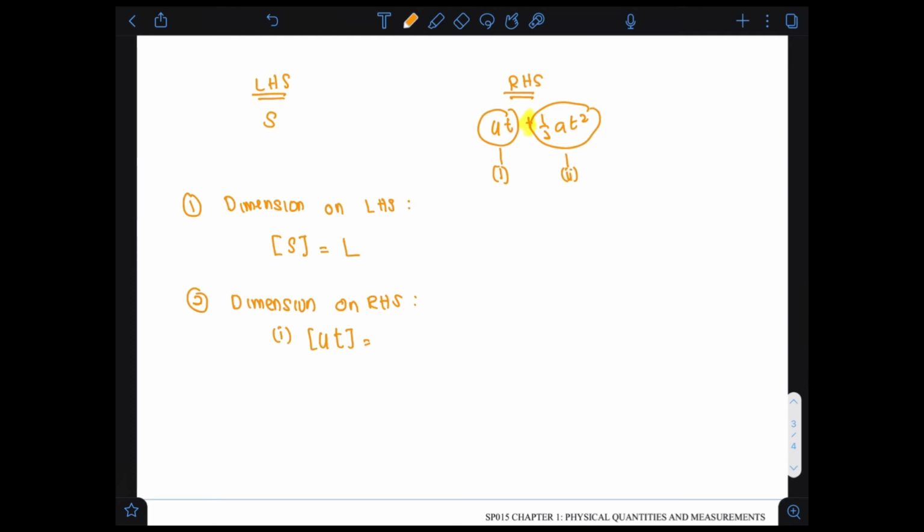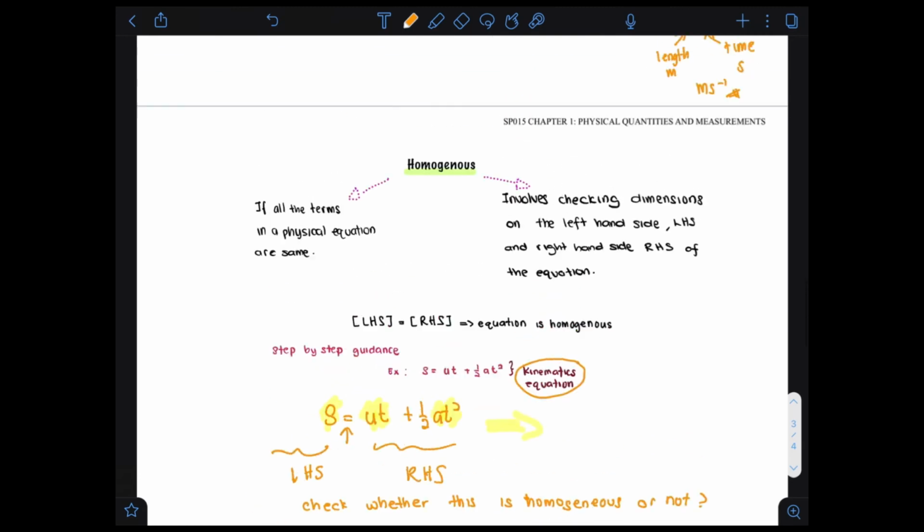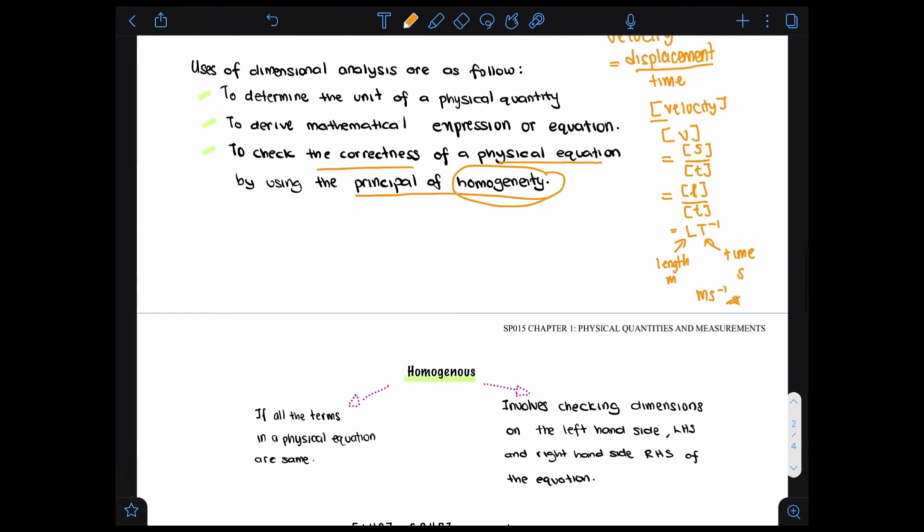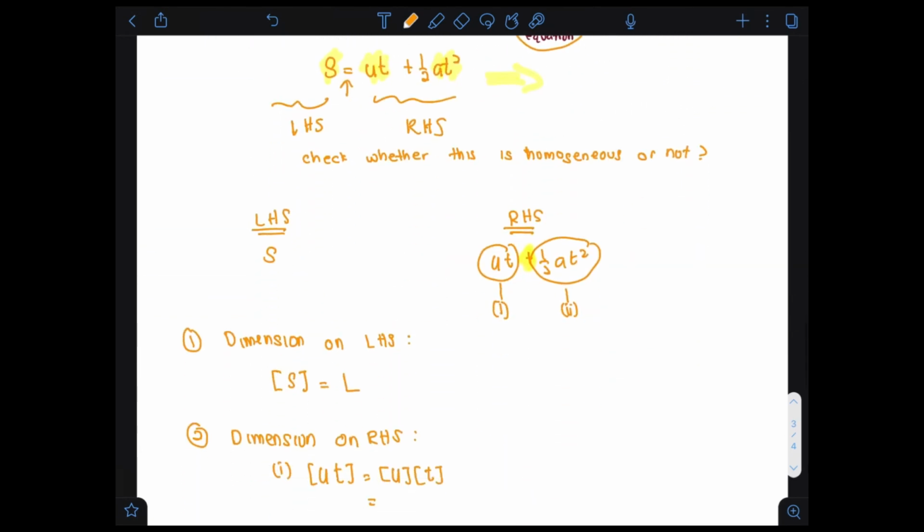So what we are going to do is we're going to separate this dimension into 2 dimensions. Kita akan ada U dan juga T. Okay, you're going to write them separately dekat sini. So U adalah velocity. Velocity here comes from, macam kita ada bincang tadi dekat atas, kita derive velocity. What do you get for your velocity here? LT negative 1. So saya nak pinjam terus daripada atas untuk jimatkan masa.